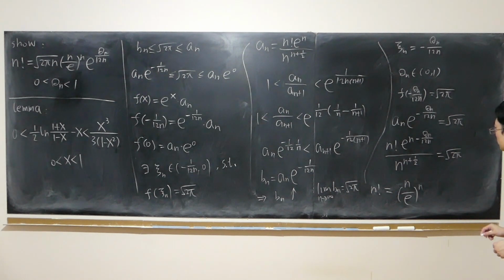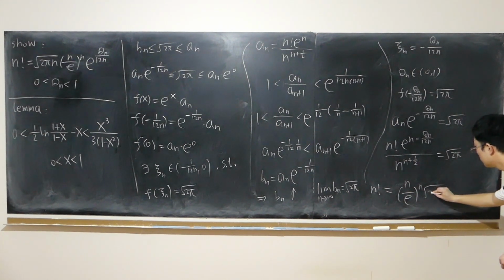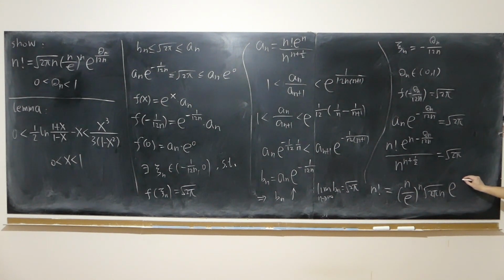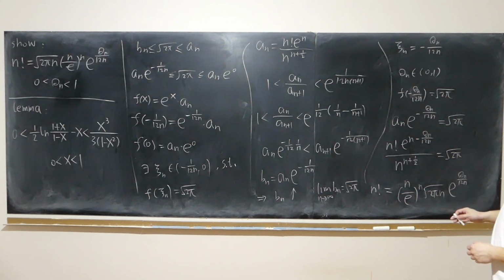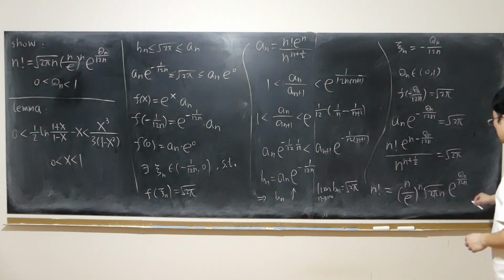Now I still have n to the power of half, that's square root of n, so square root of 2 pi n, and multiply e to the power of positive theta n over 12n. So n factorial equals square root of 2 pi n, n over e to the n, times e to the theta n over 12n. Yes, exactly the result.